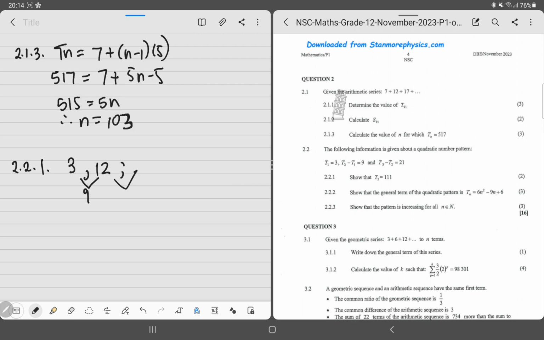And then T3 minus T2 is equal to 21. So we need to get a 21 there. When we take this value and subtract T2, we must get 21. And 33 minus 21 should be equal to 12.